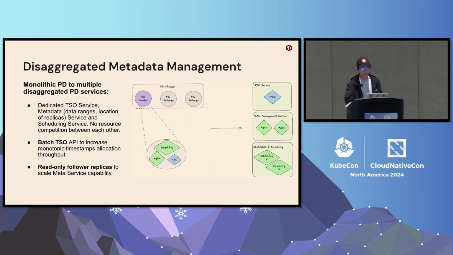And meanwhile, because there are multiple tasks PD is handling, we disaggregated the PD into several services and deployed them on dedicated resources. So we can make sure each of them can scale respectively, like the TSO, which is the timestamp service, the metadata management service, statistics, and the scheduling service.